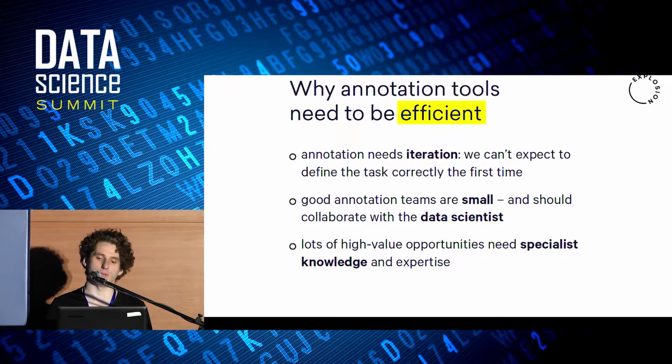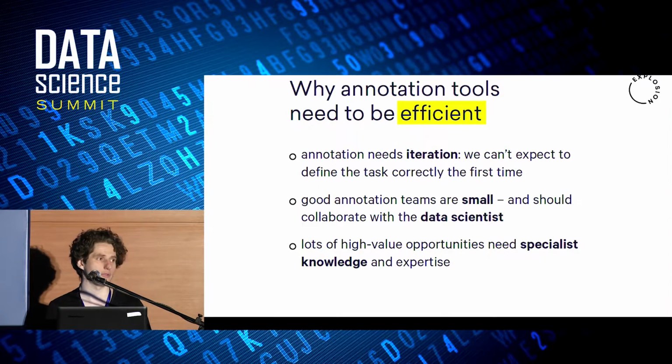And it's very, very difficult to do this ahead of time before you can actually start interacting with the data. So actually taking an iterative approach is super important. And because we need that iteration, the implication is that good annotation teams are small. We can't just say, all right, we need 100 hours of annotation, so let's get 100 people and give them 1 hour of work each, because then you only get one iteration step.